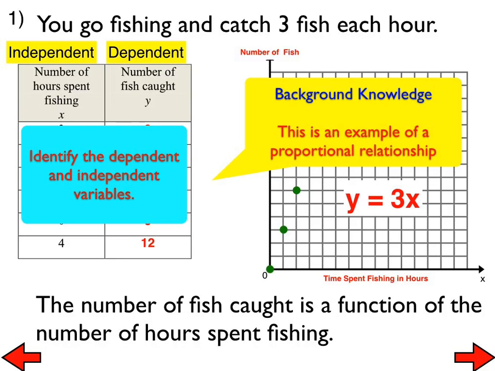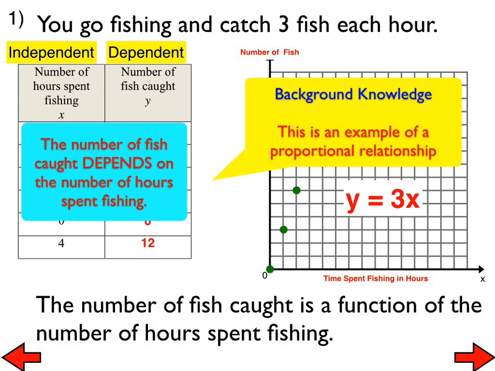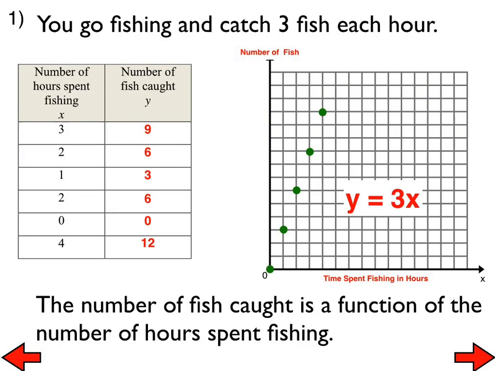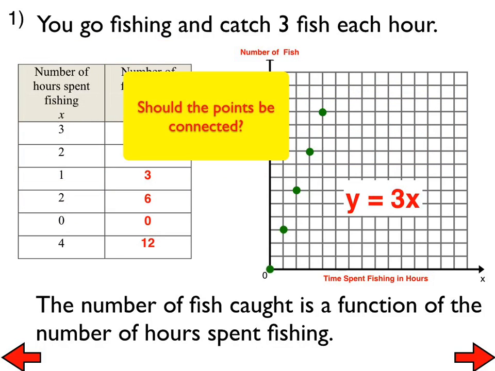Now, there's one thing that we also have to talk about. I noticed that some of you, out of habit, connected all of your dots together. You drew a straight line through there. So my next question is this: should the dots be connected? Well, before you answer that question, here's what you have to think about. If you think dots should be connected, then you're saying that at a half, that would be okay.